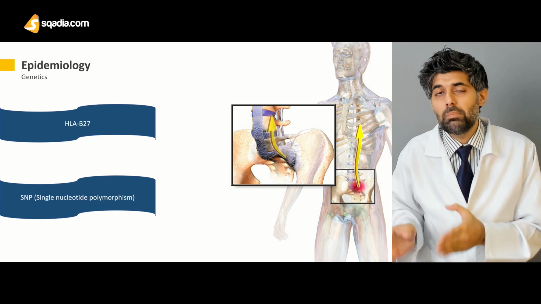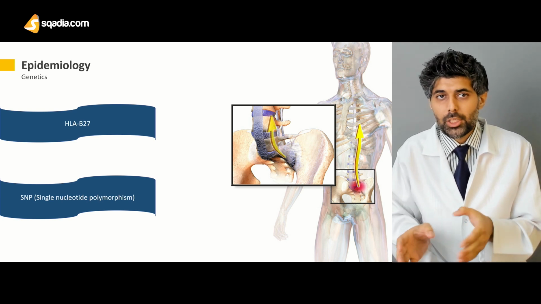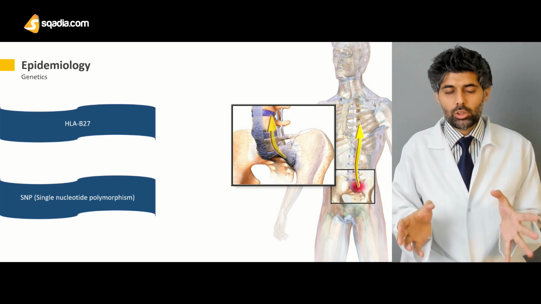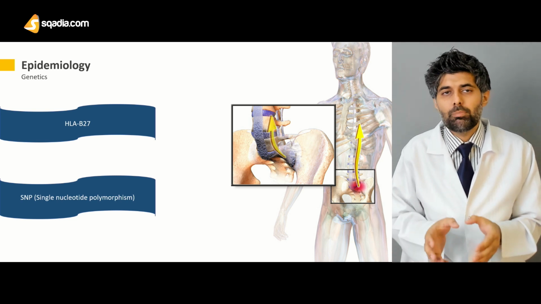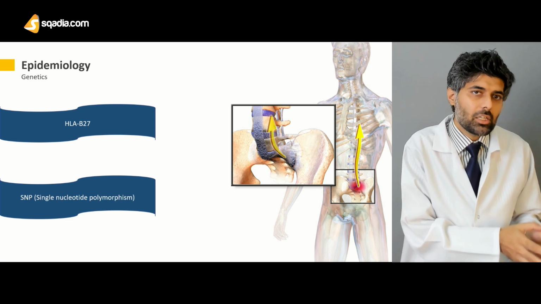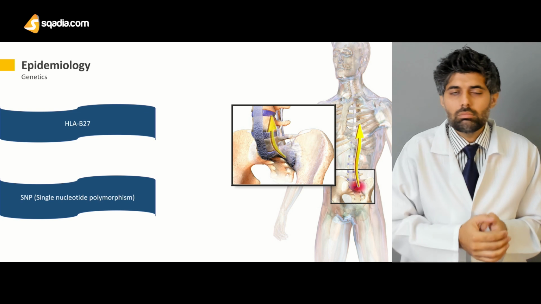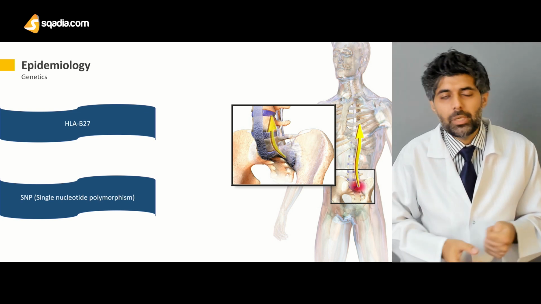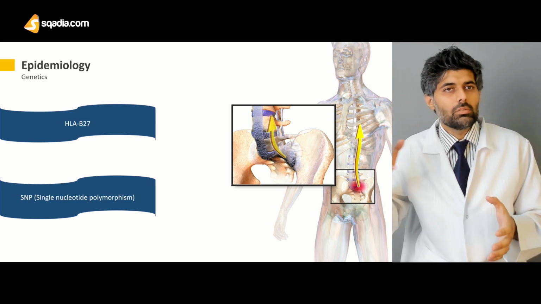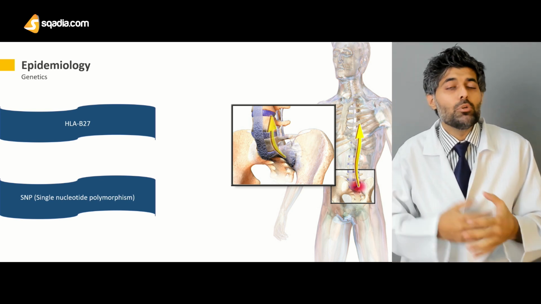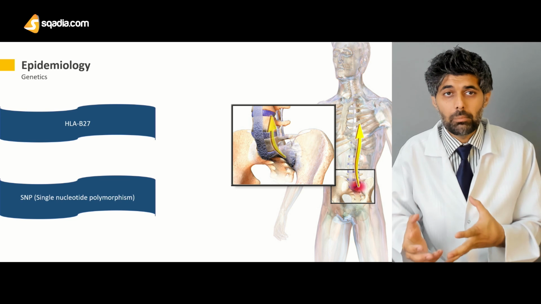Now, it is important to such a degree that there is a concordance of about 65% even in identical twins. We do know that when there is some problem with HLA-B27, somehow it will result in ankylosing spondylitis, and mutations are usually random.